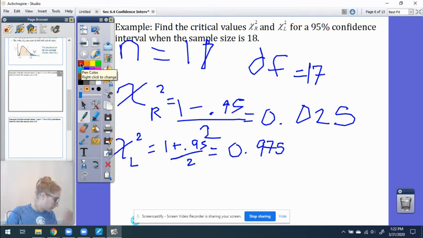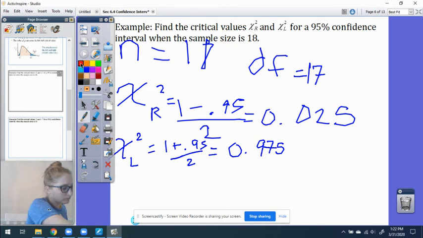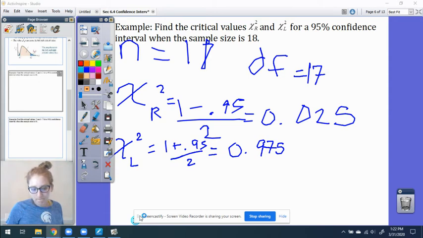Okay, so it is on page A19. So what you're going to do when you're referencing this is look across the top to get the confidence level.